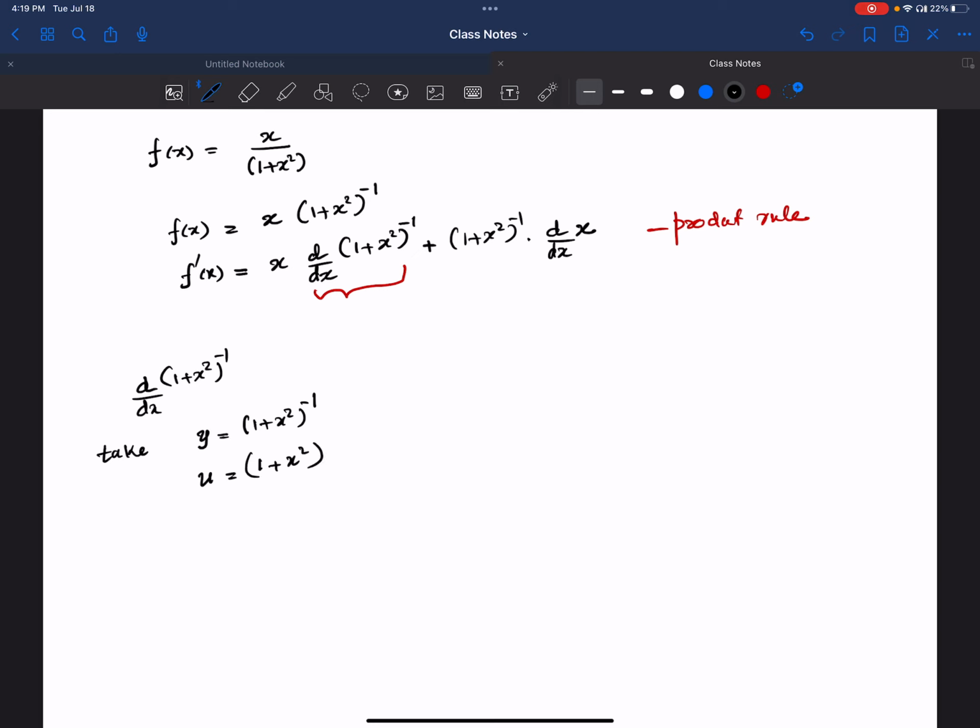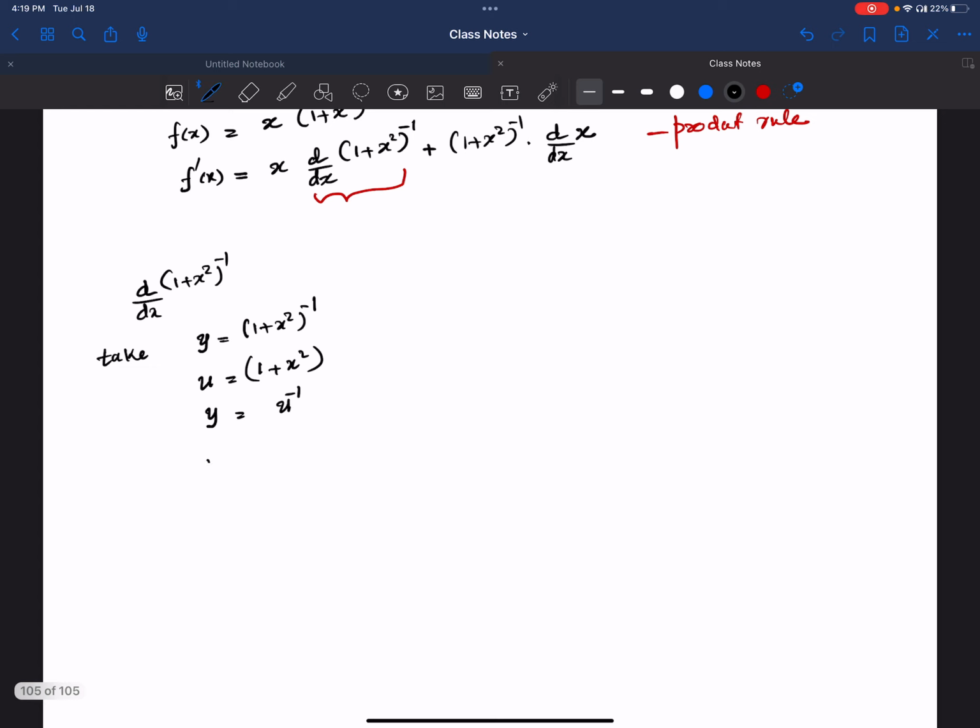And then y is equal to u to the power negative 1, okay? Then I can find dy over dx is equal to dy over du times du over dx. That's my chain rule, right? This is the chain rule.